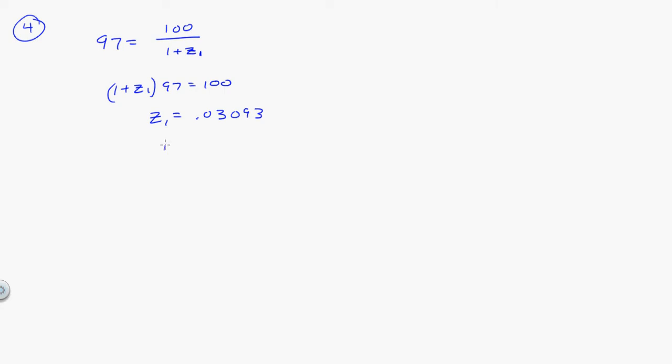I just wrote down, when you double it, you get 6.186%. Okay, so now that I have Z1 equal to this, I can say in a year I can pay $94 to get a T-bill that matures in a year, and it's going to pay me $0 in 6 months at a discount at 1.03.